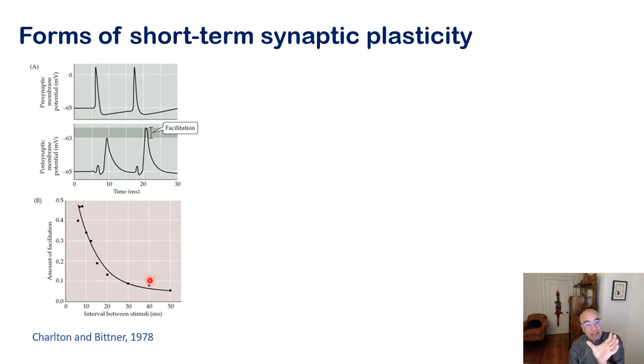But as you make the distance between the paired pulses longer and longer, the amplitude of the response to the second pulse becomes closer and closer to that of the first pulse, and this amount of increase decays to zero. The reason is that facilitation or depression is due to something that the first pulse is doing.